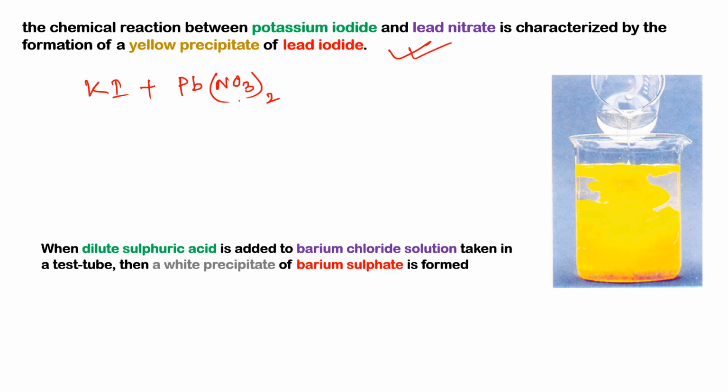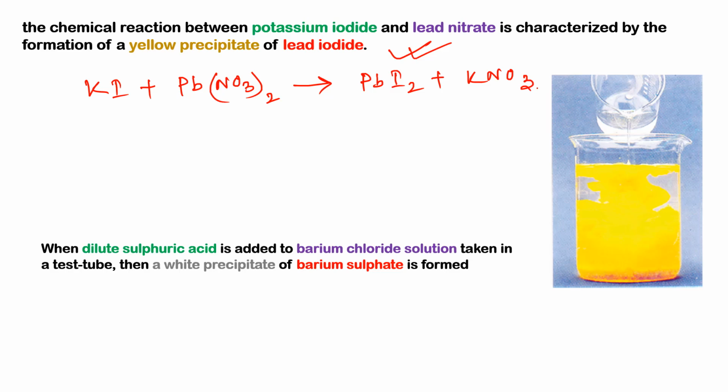Whenever lead combines with nitrate, we have the formula Pb(NO3)2. Whenever potassium iodide reacts with lead nitrate, we get a yellow color precipitate of lead iodide, that is PbI2, plus KNO3, potassium nitrate.